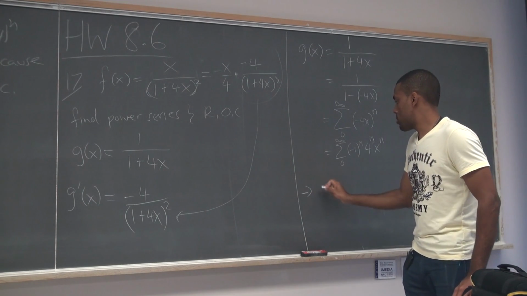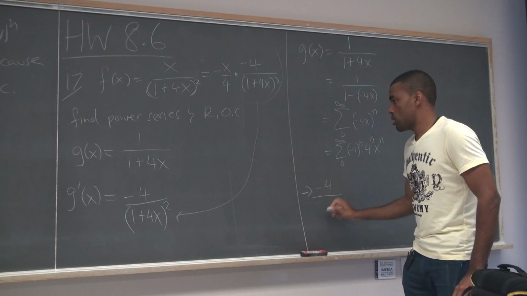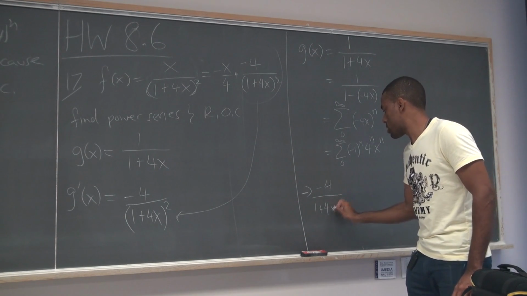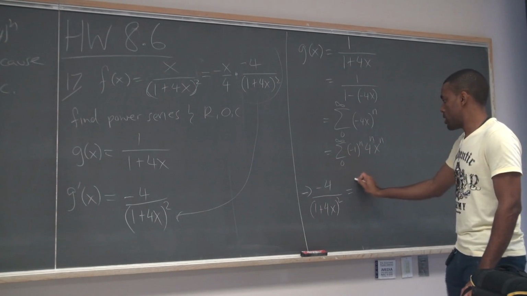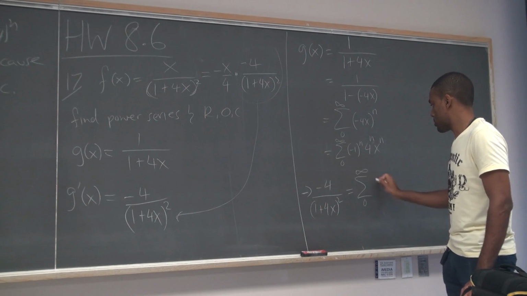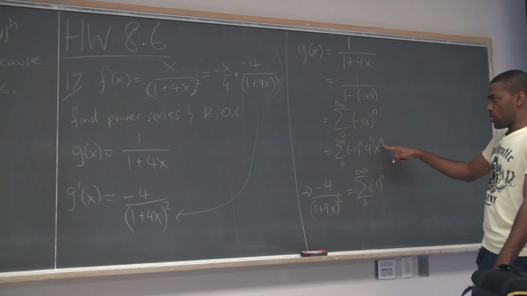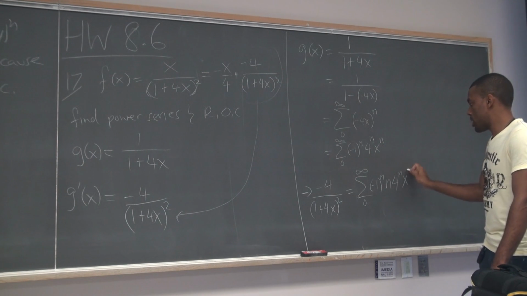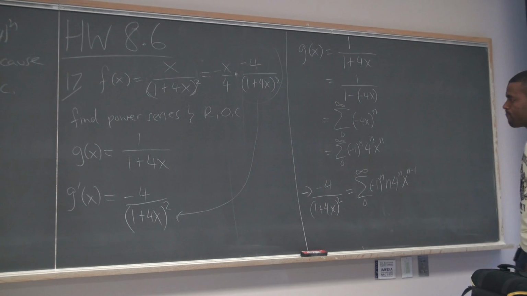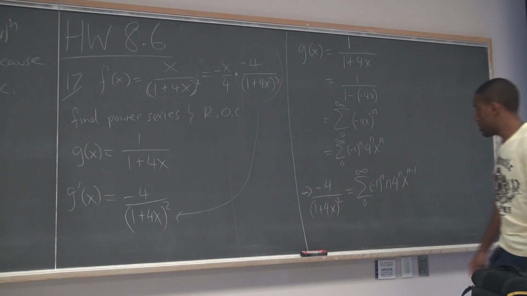which means that minus 4 over 1 plus 4x squared is equal to the derivative of this guy with respect to x. So I'm going to bring the power down, subtract from the power, and that's my power series for this guy.